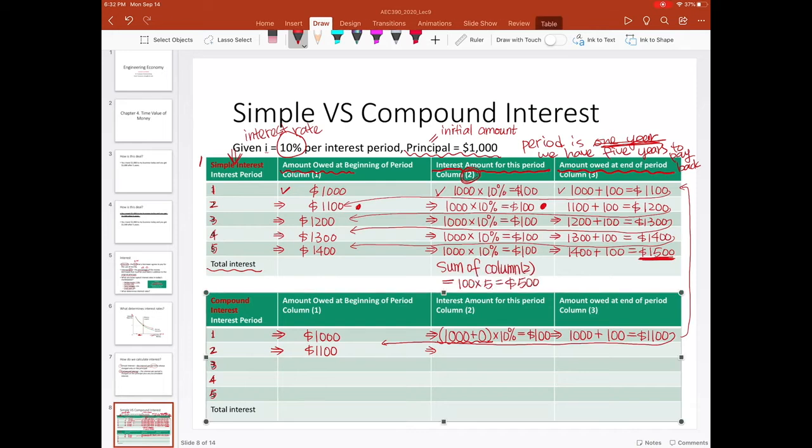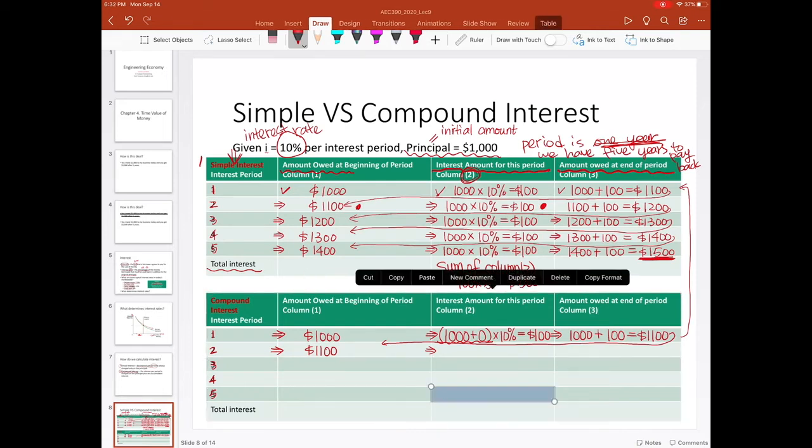Will be 1,100, right? Because you have 1,000 plus that 100 as the interest. So that will be your base for the interest. And this will be what? This will be 110 US dollars.